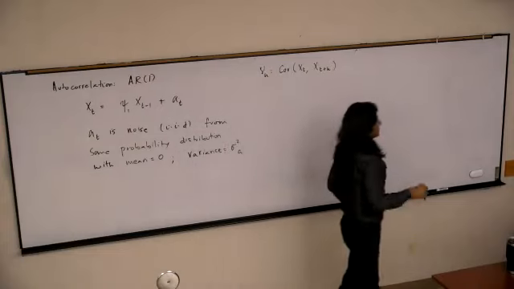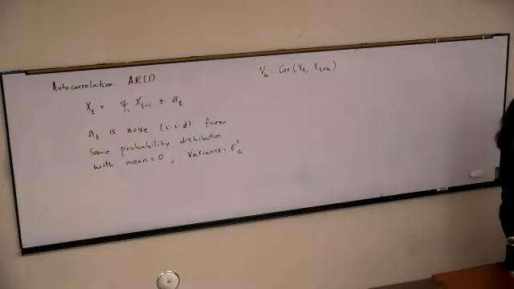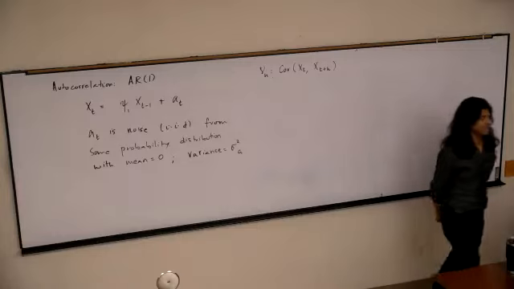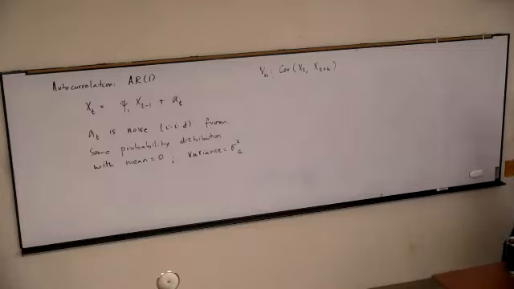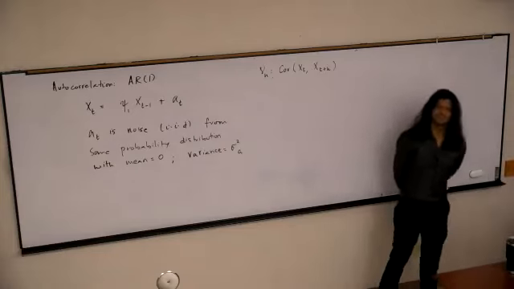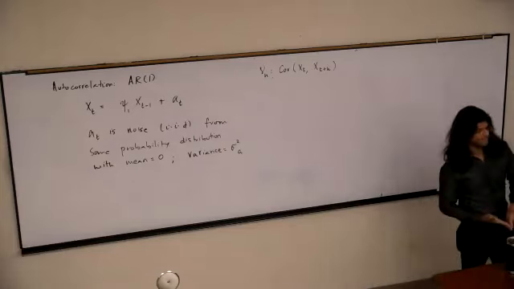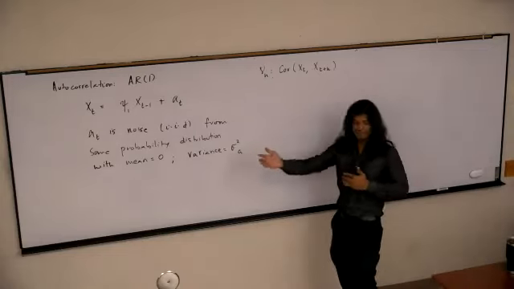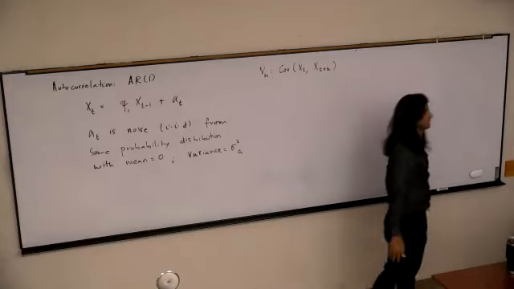We know from last time, covariance of xt, xt plus h is simply the autocovariance function at lag h. H could be positive, h could be negative. The function is symmetric, so whatever happens to the left hand side, it's going to happen on the right hand side.